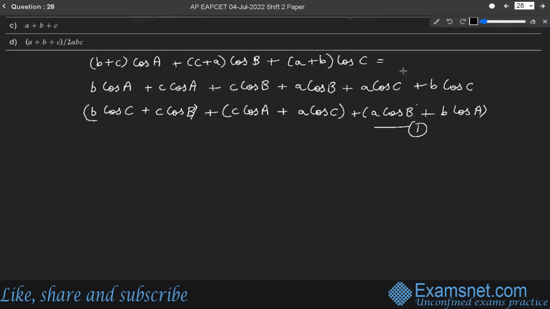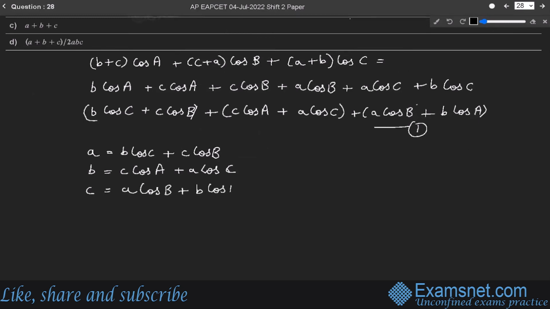By using the projection formula, a will be equal to b cos C plus c cos B. Similarly, b will be equal to c cos A plus a cos C, and c will be equal to a cos B plus b cos A. We have the value for these three terms. So substituting the above values in equation 1, we will get a plus b plus c.